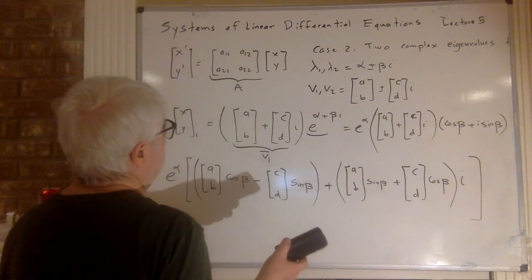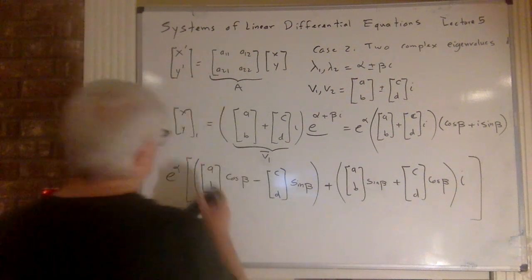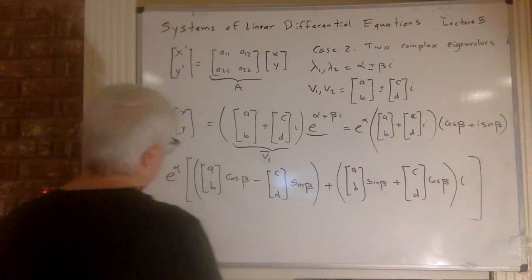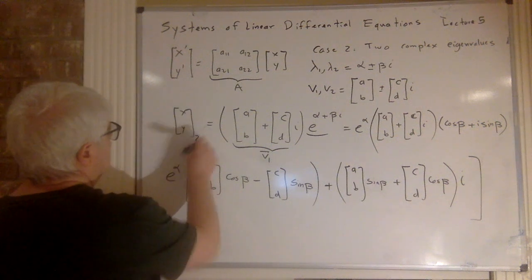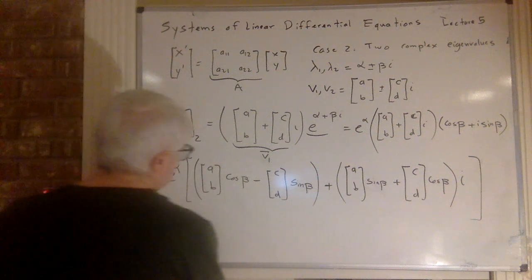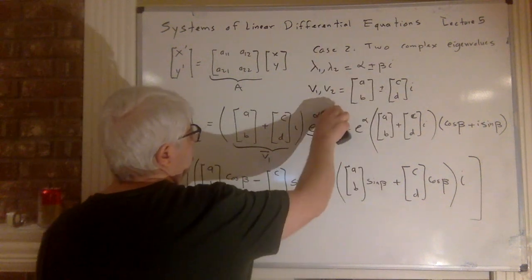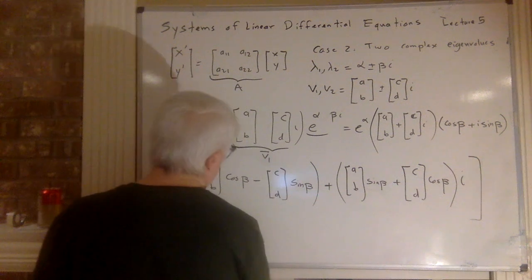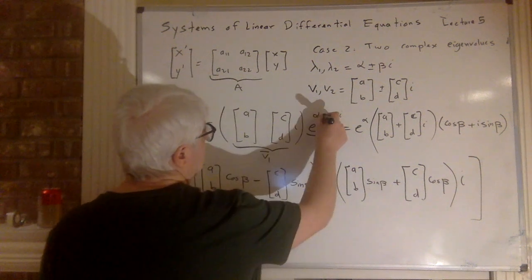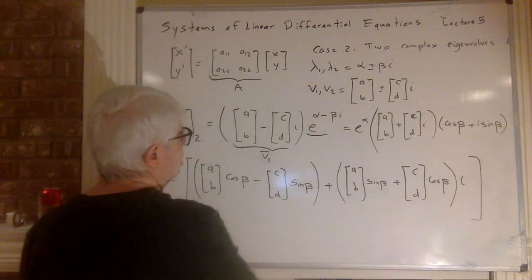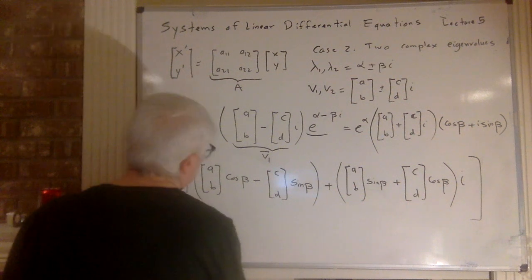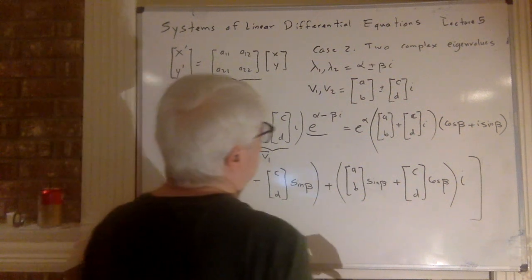Now, let's find the second one. The second one will be the minus with the minus here. So what happens?